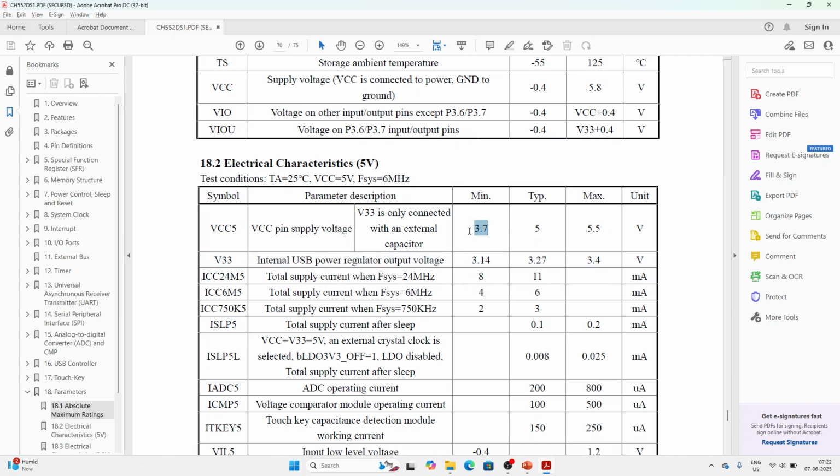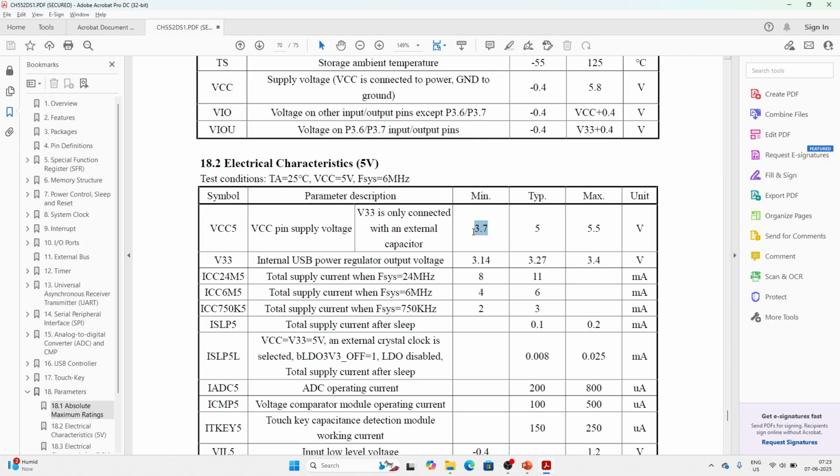If I have a minimum of 3.7, it gets 3.14 volts. At 5 volts, it gets 3.27 volts. At 5.5 it gets 3.4 volts. So if I select 24 megahertz, then the chip will be consuming at least 8 milliamps when it is working, right?